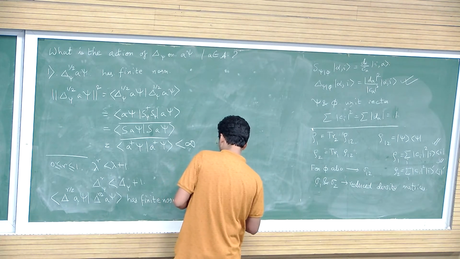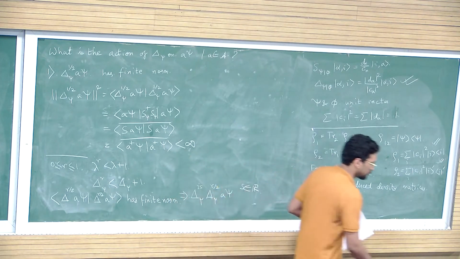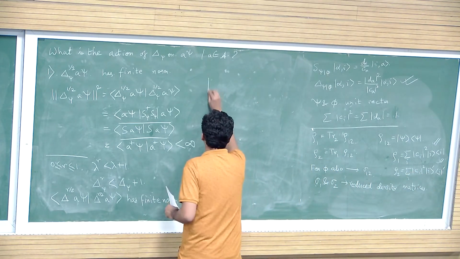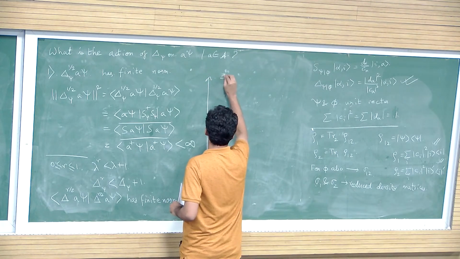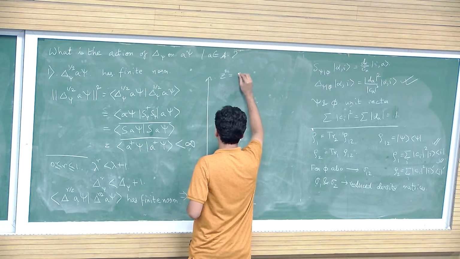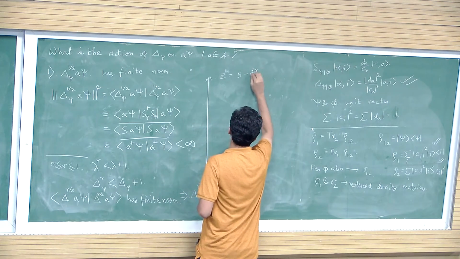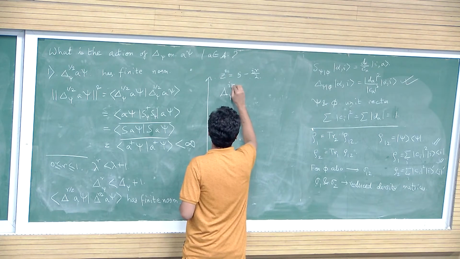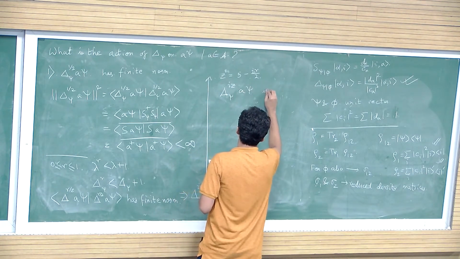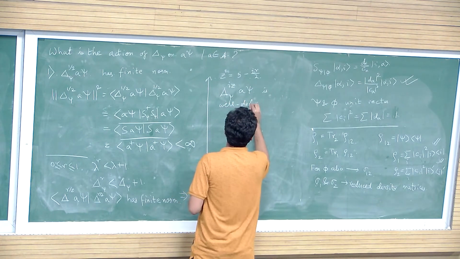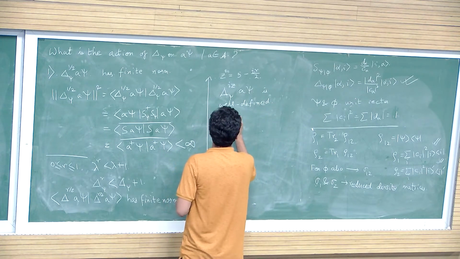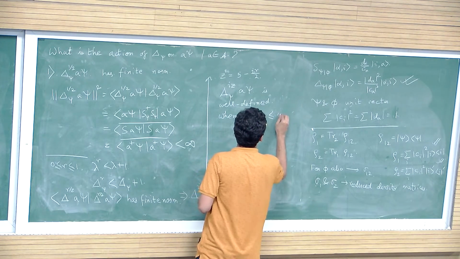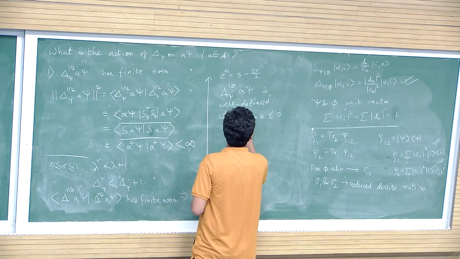So what this means is, all of these arguments basically tell me that if I now define Z as S minus I R by 2, then this object A psi is well defined when the imaginary part of Z is less than 0 and greater than minus half.